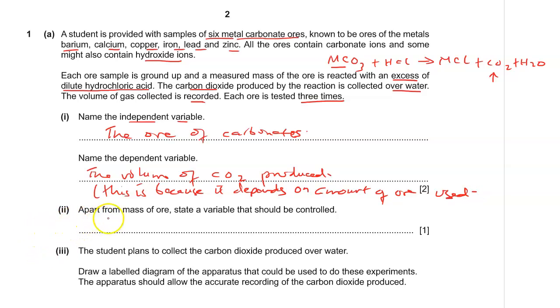Part 2, apart from mass of ore, state a variable that should be controlled.